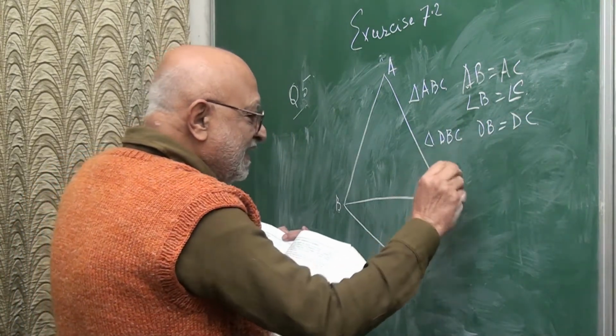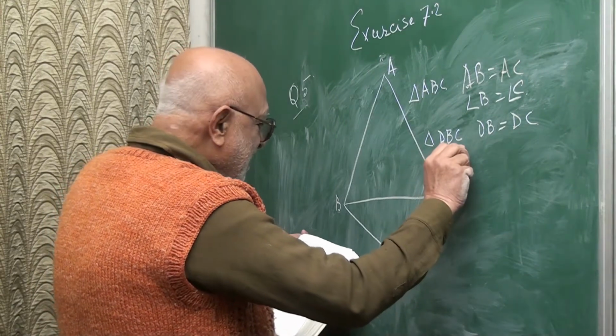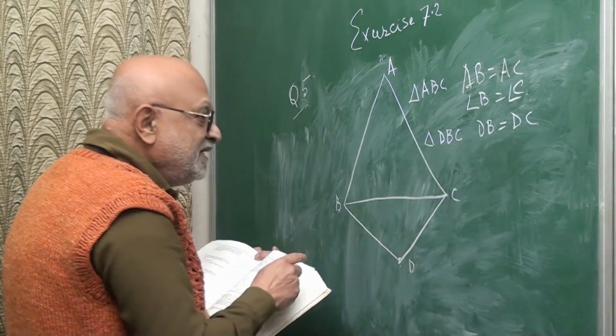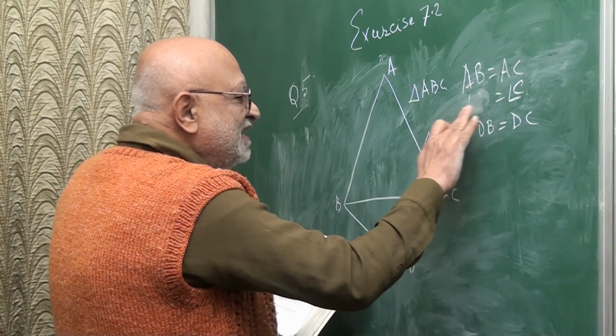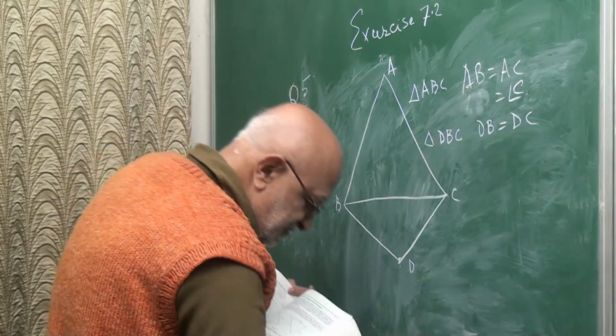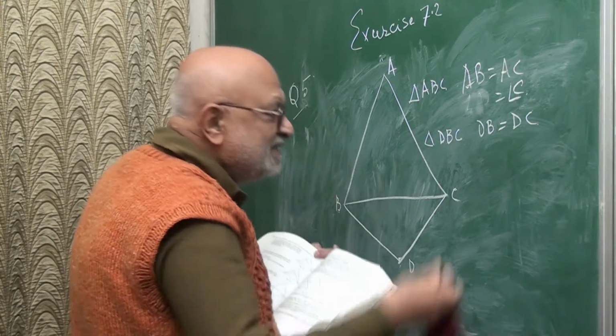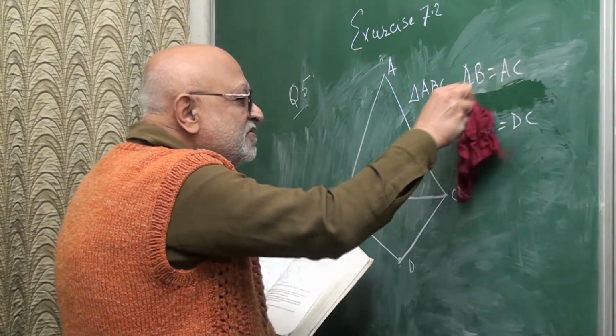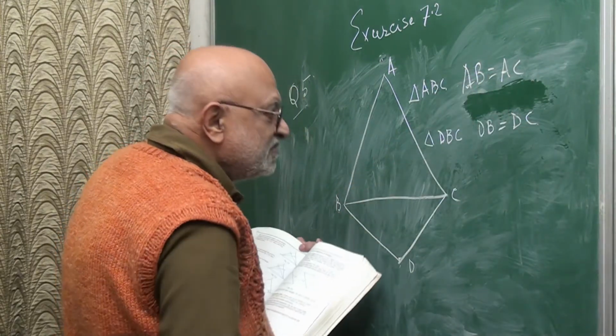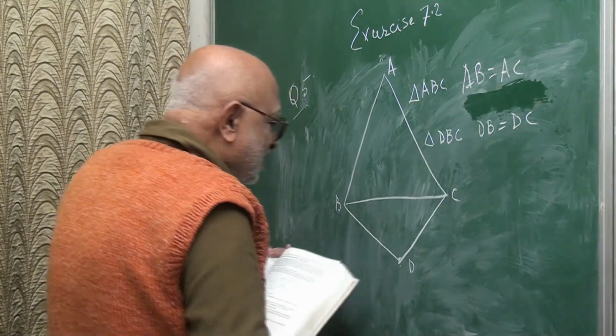Therefore, here I cannot write angle B equal to C in this case. I have to define it much more, rather than just writing angle BC, because it will lead to confusion in the next one. Let it get dried up a little bit.